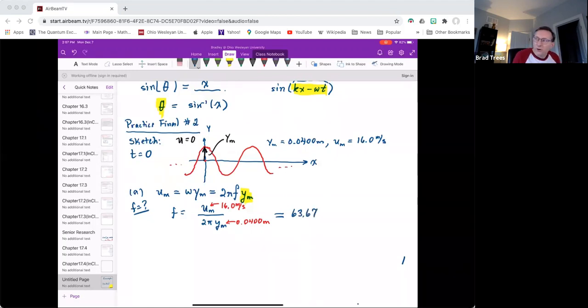The unit is per second, which is traditionally called a hertz. And then I round that to 3 sig figs. And I get 63.7 hertz. Okay. I mean, if you're within 1 or 2 of that, I mean 0.1 or 0.2, you're fine.